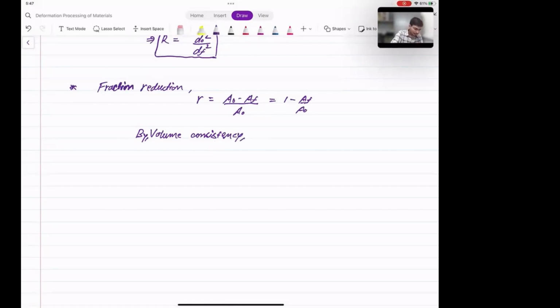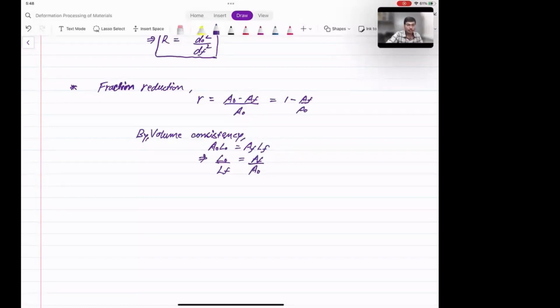So A naught L naught will be nothing but AF LF. If we rearrange these terms, we will get L naught over LF is nothing but AF over A naught. So now we know that the ratio of initial and final area can be written in terms of the extrusion ratio or the reduction ratio.